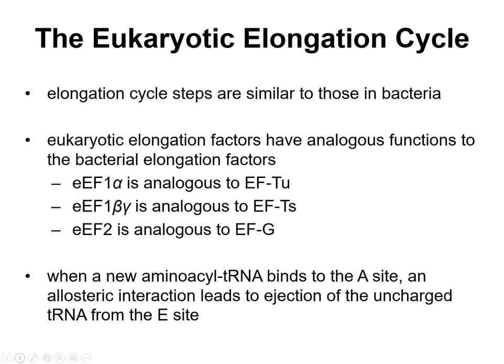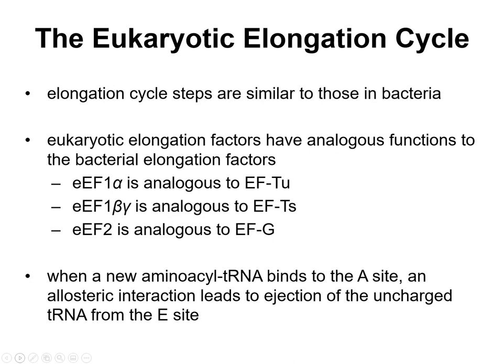So let's talk about the eukaryotic elongation cycle, because that was just the bacteria. Now I've got to bring it forward to eukaryotes, talk about how much more complicated they are. But honestly, it's pretty similar. There are elongation factors in eukaryotes that have analogous functions to the bacterial ones. So EF1 alpha, EF1 beta gamma, EF2.